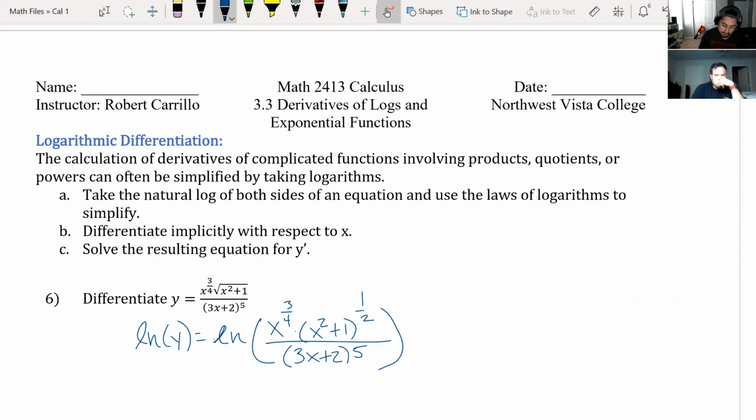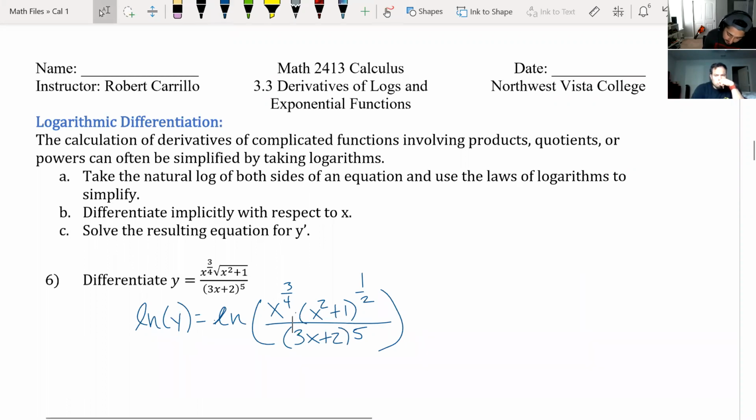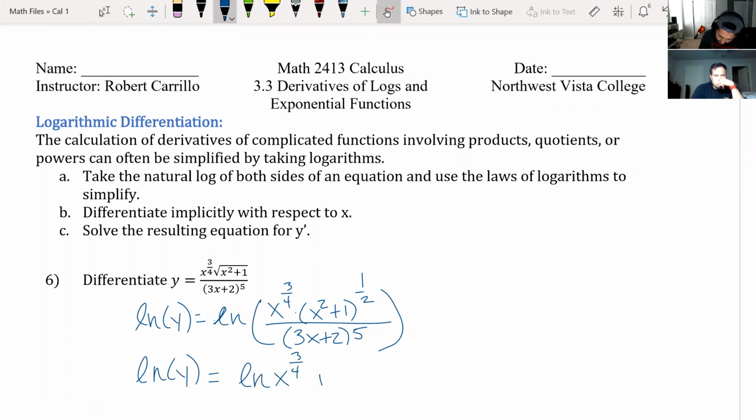Okay, so with that being said, we are expanding, and I get natural log of y equal to the natural log of x to the 3/4 plus the natural log of x squared plus 1 to the 1/2. And now what you must realize is that this whole thing is a quotient, so you will subtract the natural log of 3x plus 2 to the 5th.